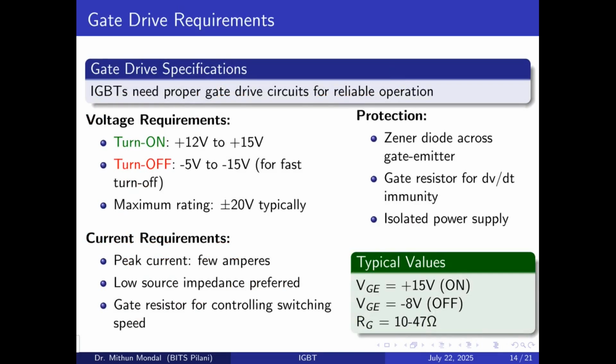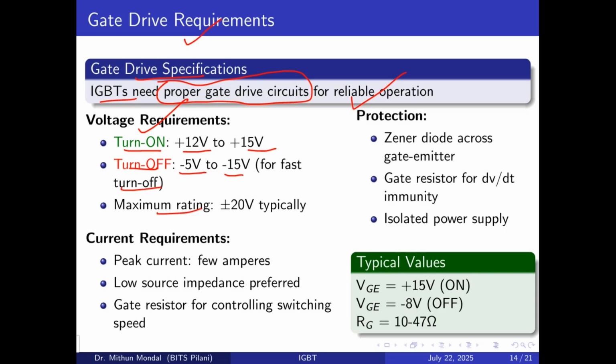There is an important gate drive requirement. Gate drive specifications: the IGBT needs a proper gate drive circuit for reliable operation. The voltage requirement is that the turn on voltage has to be from 12 volt to 15 volt. Turn off voltage should be minus 5 volt to minus 15 volt when you require faster turn off.